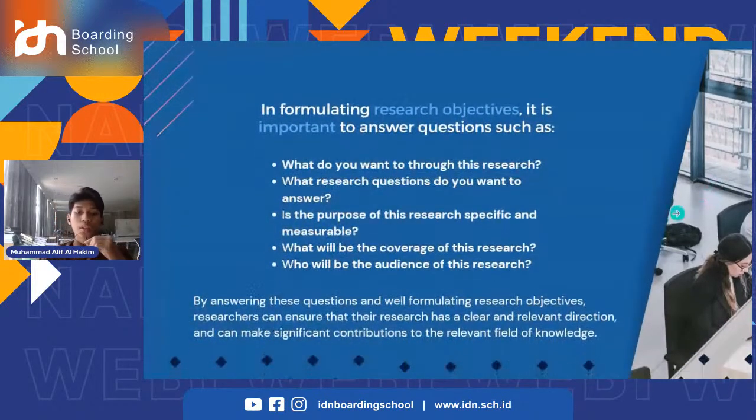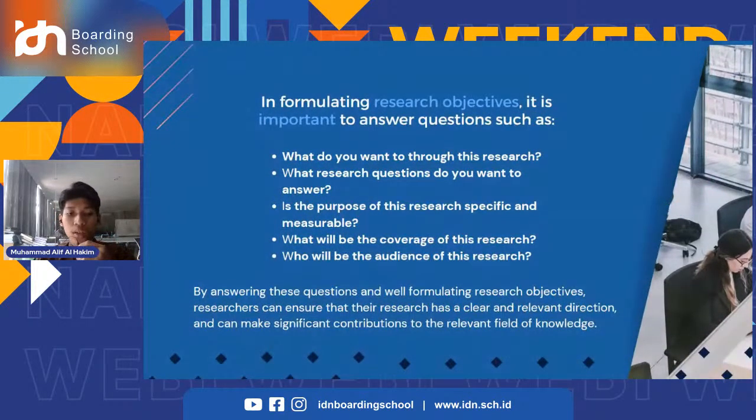In formulating research objective, it is important to answer questions such as: what do you want to track in this research? What research question do you want to answer? Is the purpose of this research specific and measurable? What will be the outcome of this research? And last, who will be the audience of this research?